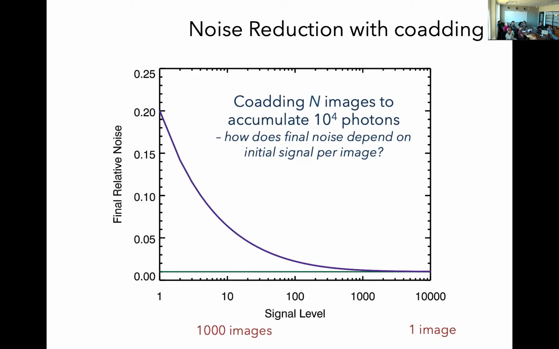Yeah, I was just saying the blue and the green are relative to 1,000 and 1. So with 10 counts, I'd have to take 1,000 images. If I had 10,000 photons per image, I would only need one image to get to my desired signal level.